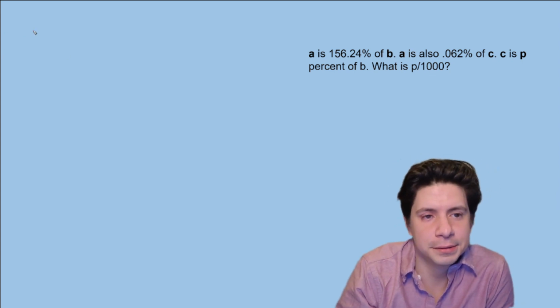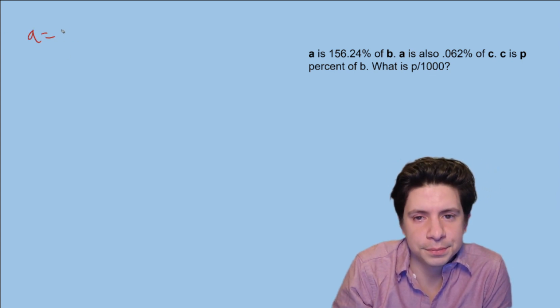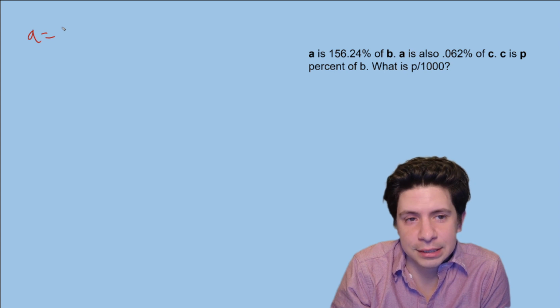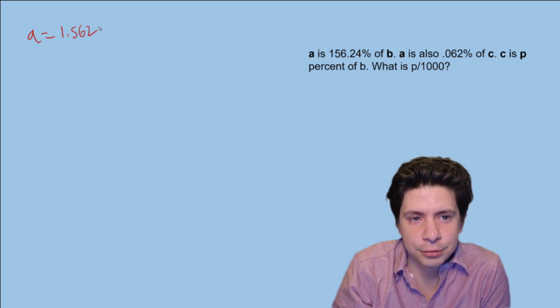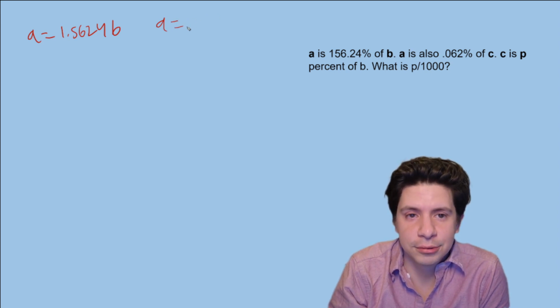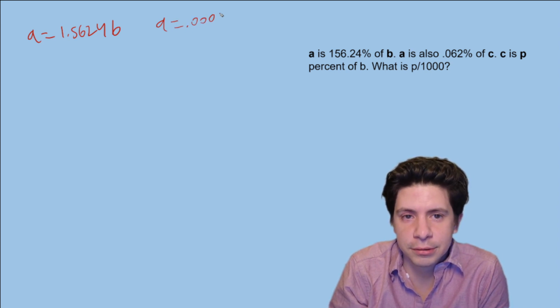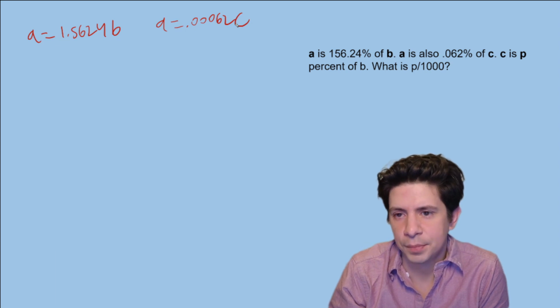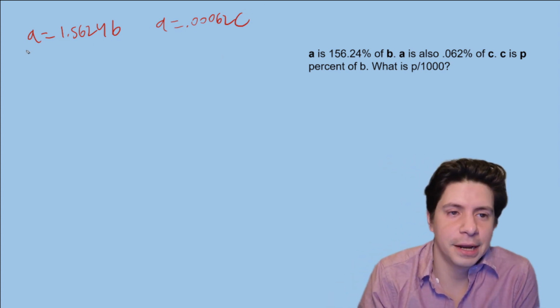So A equals, let's convert that into decimals, so it'll be 1.5624B, and A equals, let's convert that into a decimal, so it'll be 0.00062C. Okay, so let's plug this in for A in the first equation.